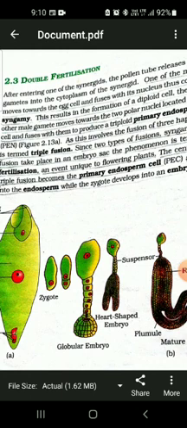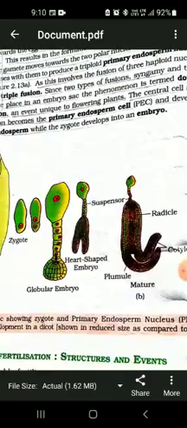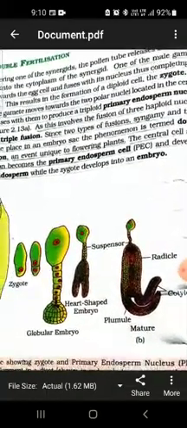So three nuclei are fusing together, hence it is known as triple fusion, and this results in the formation of primary endosperm nucleus, which further develops to form the endosperm tissue that is essential for the nourishment of the developing zygote.